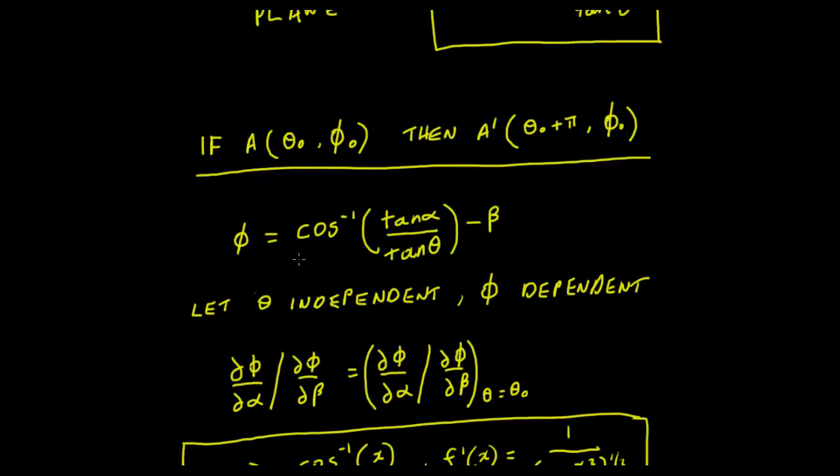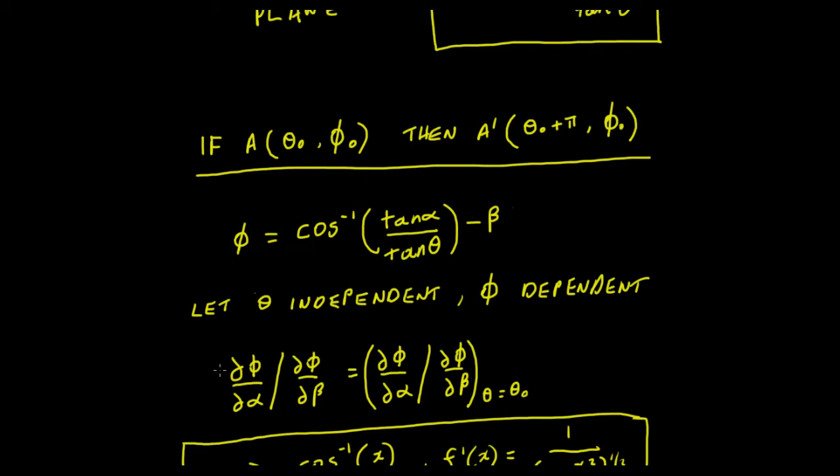Then we'll let theta be the independent variable and phi the dependent variable, that's just a choice we make. From the previous video we've seen that we can find the conjugate points by applying this equation: partial phi by partial alpha divided by partial phi by partial beta, equals partial phi by partial alpha upon partial phi by partial beta whenever theta equals theta naught.